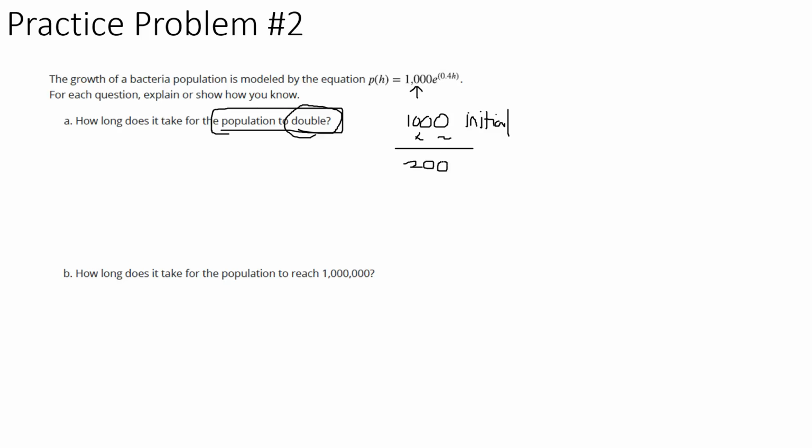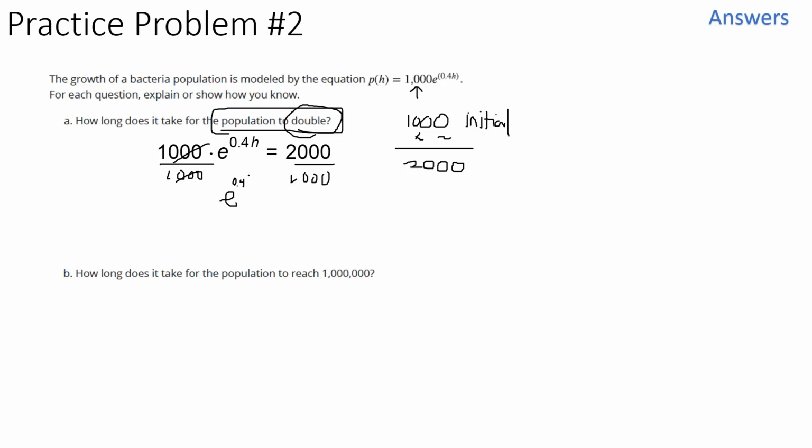So our equation for this would be 1,000 times e to the power of 0.4h, which is just this equation here, equals 2,000, because that's when it's doubled. To solve this, we're going to divide both sides by 1,000. The 1,000s divide out. We are left with e to the 0.4h is equal to 2.